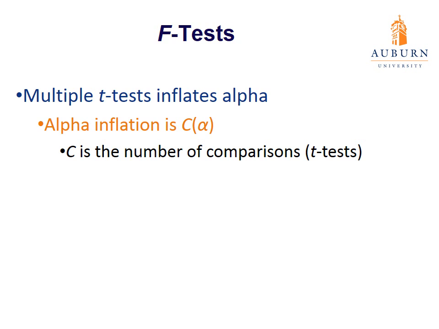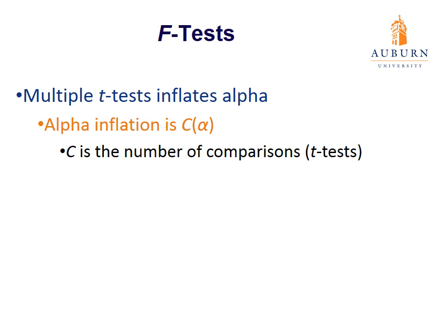So if you remember that every time we do a test, we set an alpha, a type 1 error rate, the percent chance that if we reject the null hypothesis that we are wrong. And so when we do multiple tests, we inflate that alpha artificially. And so the rate at which we inflate it is the number of tests or comparisons we make times our original alpha.